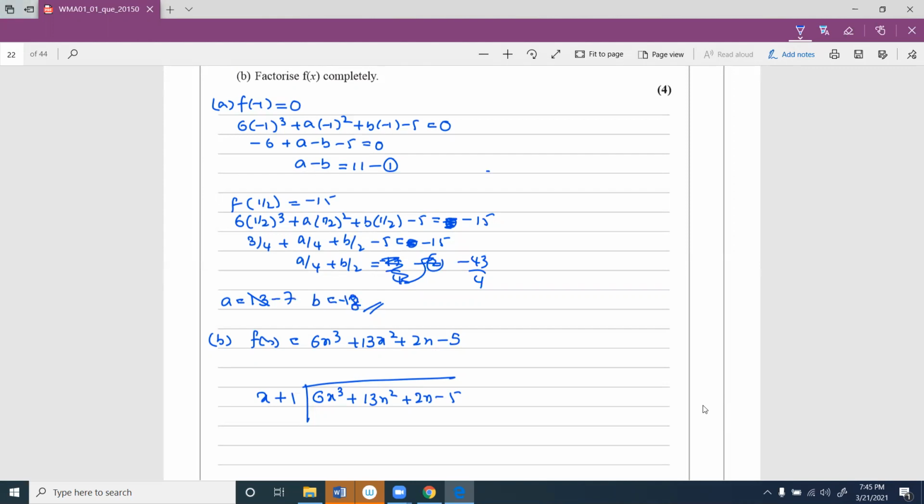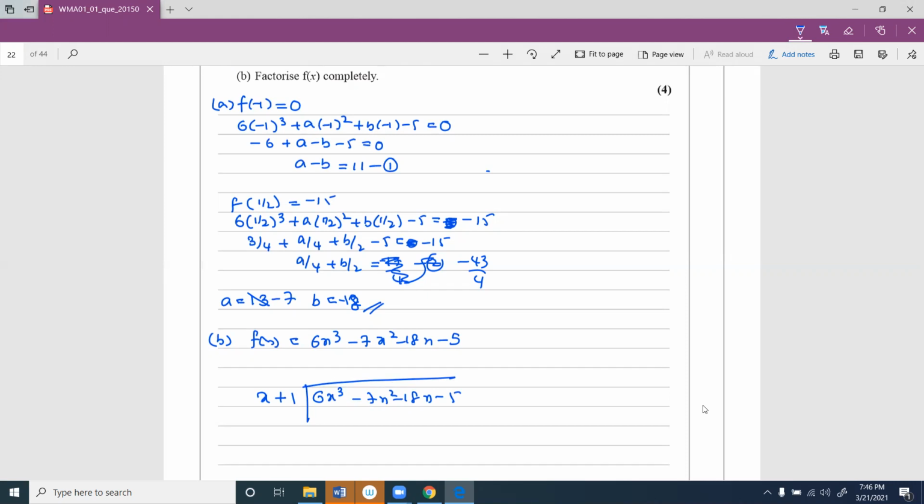Let's do the corrections over here. So this is minus 7x and minus 18. That's how it comes. Let's do it and see.